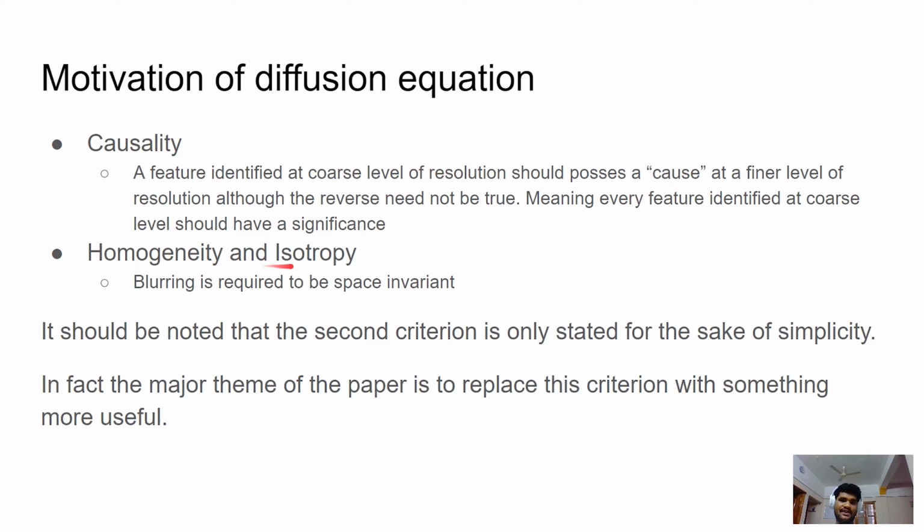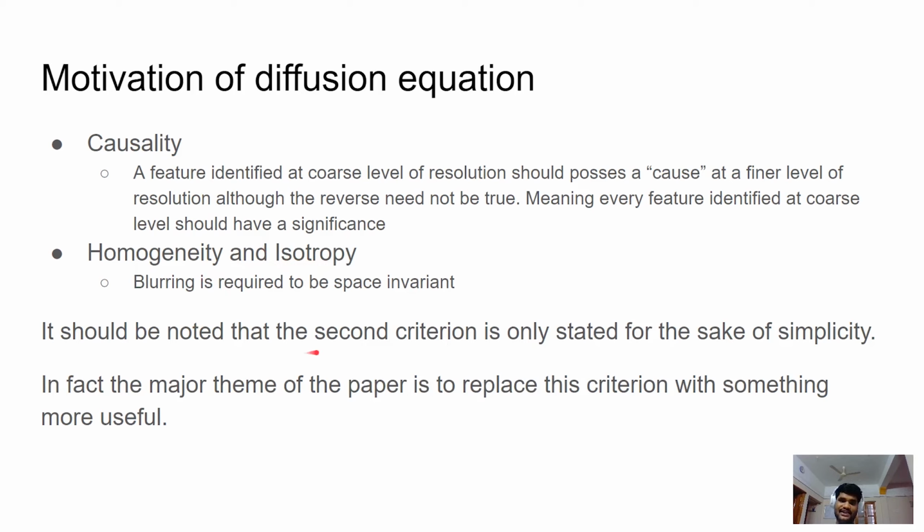And homogeneity and isotropy. Homogeneity and isotropy means blurring is required to be space invariant. Now pay attention to this point. This is the point which is going to be controversial and will be directly hit upon by the Perona-Malik paper. Here the scientist said that blurring needs to be space invariant.